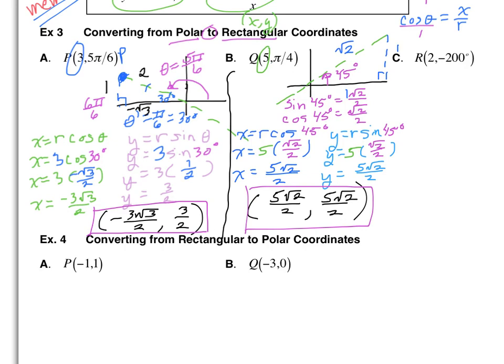Yes. What can you tell me about a 45, 45, 90 triangle? That sine and cosine are always the same. Sine and cosine are the same. They might have opposite signs depending upon what quadrant the triangle is in. So what does that tell you about the legs of the triangle?